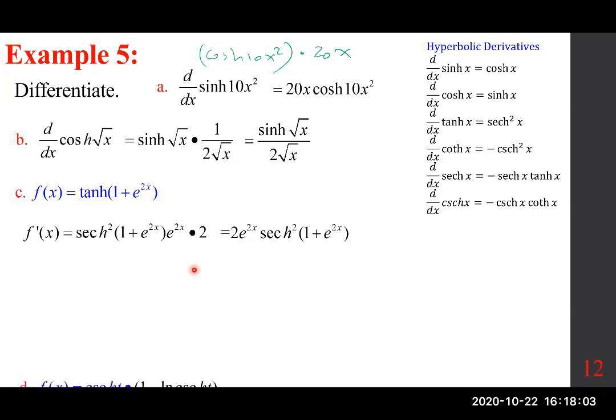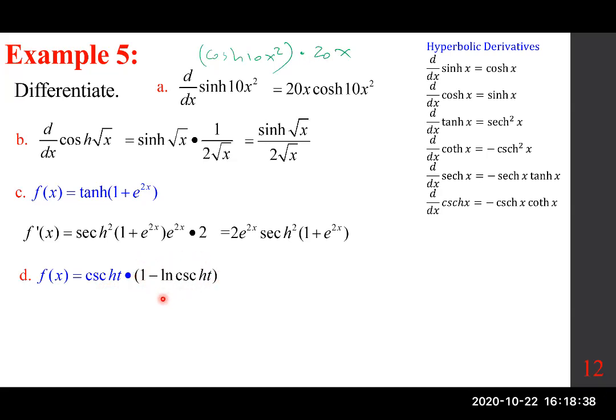Let's look at this one. Hyperbolic cosecant t times 1 minus natural log of hyperbolic cosecant t. All right, let's see how it's done. This is using the product rule. So first look at this piece in blue. The derivative of hyperbolic cosecant is negative cosecant cotangent, okay? So negative cosecant cotangent times the second piece.